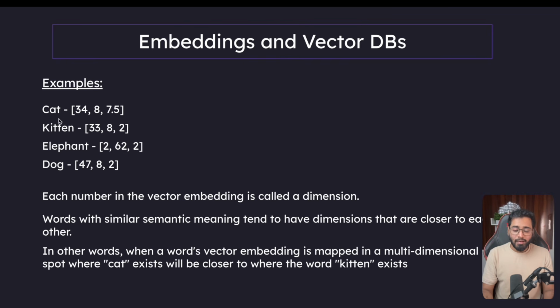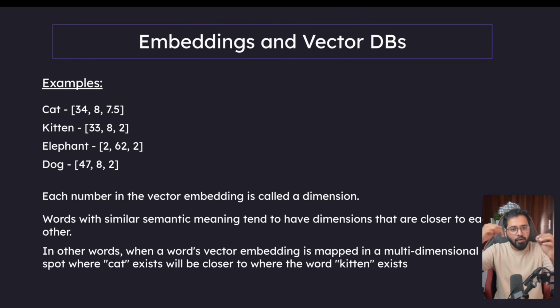Because cat and kitten are closely related, the spot where kitten lives is going to be very close to the spot where cat exists. That is the idea. And elephant is going to be a little farther away. If you look at dog, it also has 8 right here because that is also a pet. So cat and dog are going to be a little closer to each other, not as close as cat and kitten.